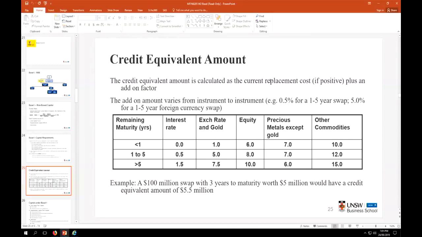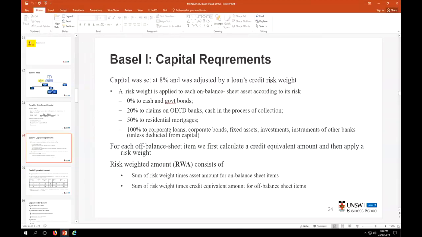If my exposure is to the government, then the risk weight will be 0, because claims on governments have a 0 risk weight. If this swap is with a bank, the rate will be 20%. If this swap is with a company, then the risk weight will be 100%. Right? So there is this two-step process, and I'm sure you've covered this before. Hopefully.